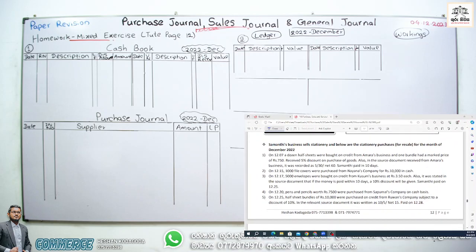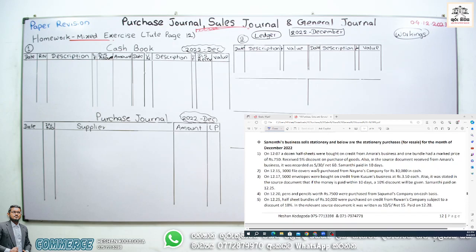I think you can see the question. Samanti's business sells stationery, and below are the stationery purchases for resale for the month of December 2020. When it comes to purchases, it can be a cash basis purchase or a credit basis purchase.